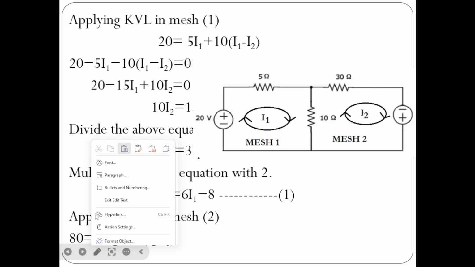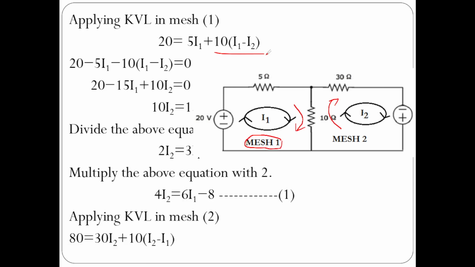So since we are considering mesh 1, the voltage drop across 10 ohms is 10 into (I1 minus I2). Now simplify it: 20 minus 5 I1 minus 10 (I1 minus I2) equals 0, 20 minus 15 I1 plus 10 I2 equals 0.